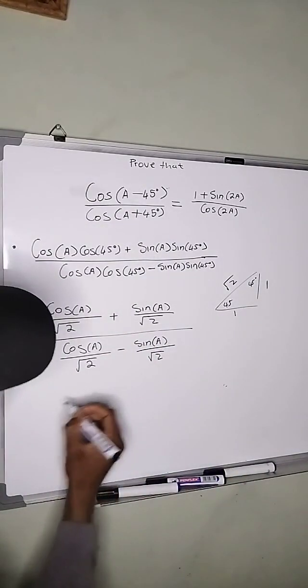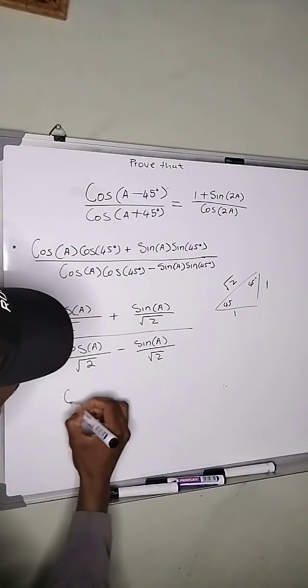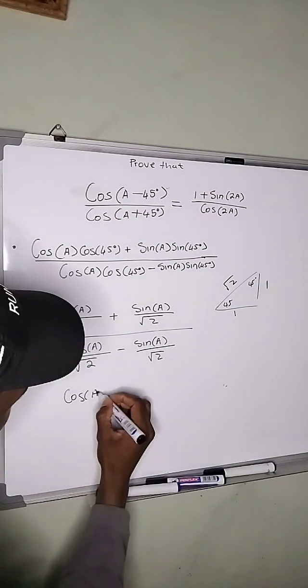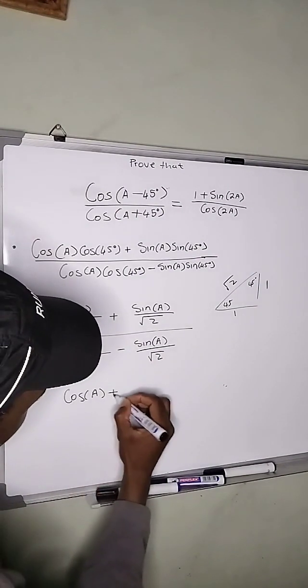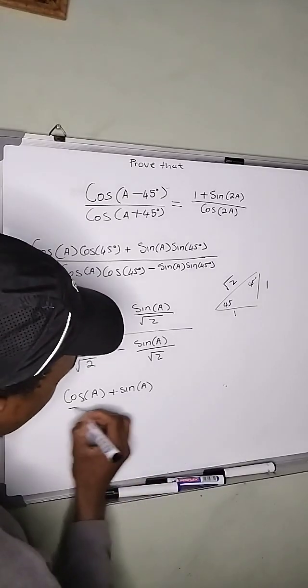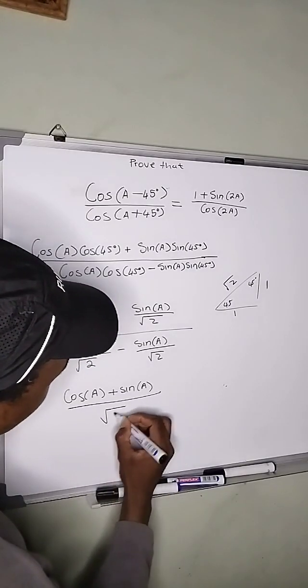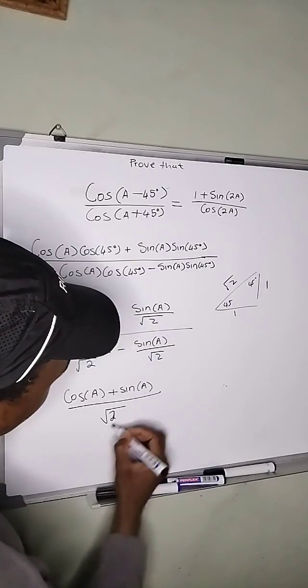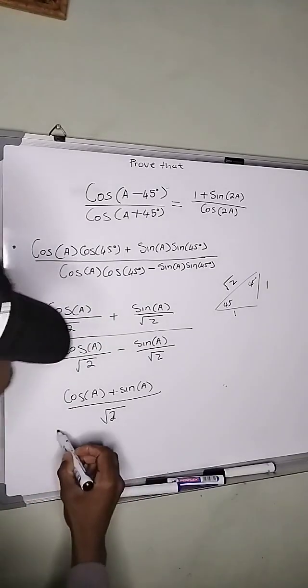So it's going to be cos A plus sine A over root 2, right?